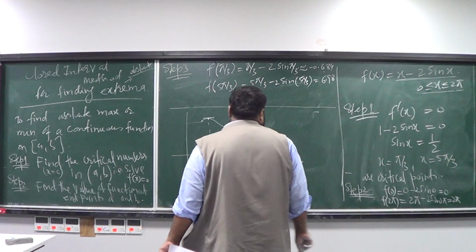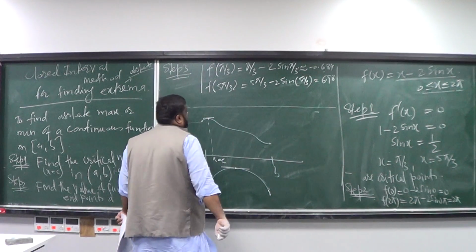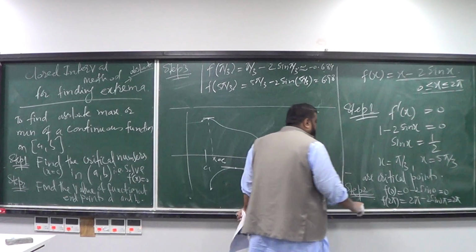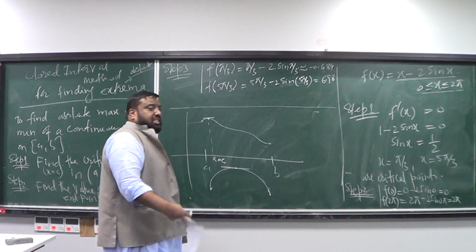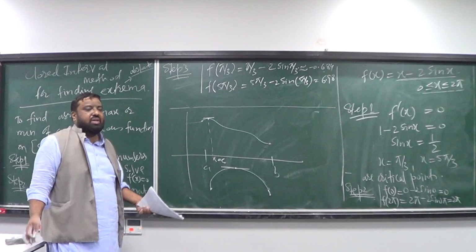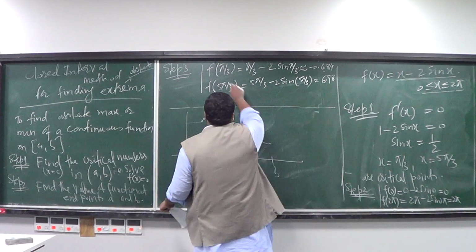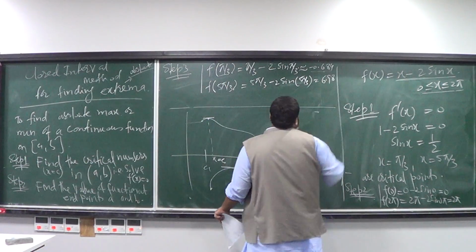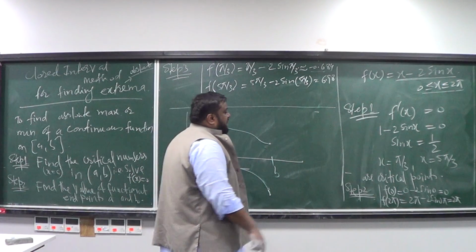Okay. And now if you compare the values of the function at critical points and the values of the function at end points, out of these four values, which value is the biggest and which value is smallest actually? So you're going to say this is the smallest value because it is negative, and this is 2 pi.